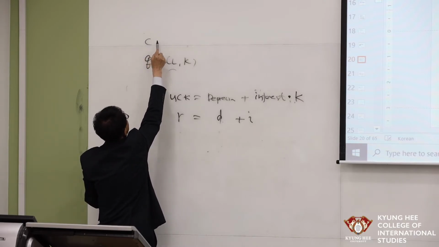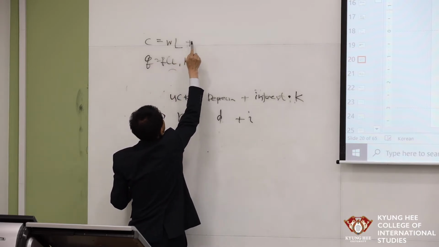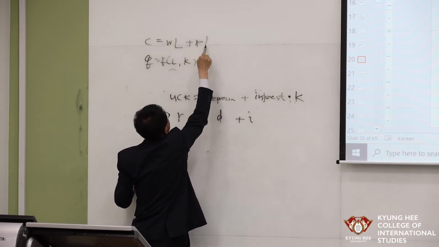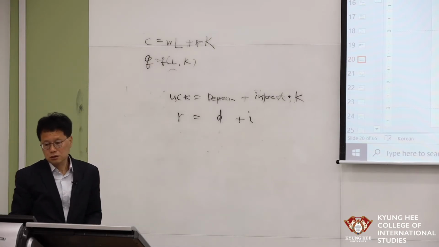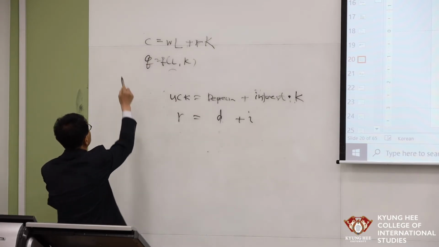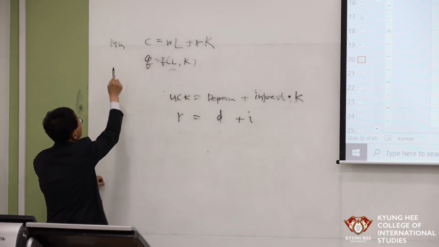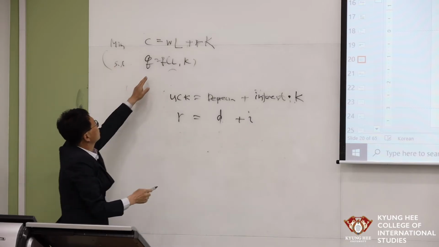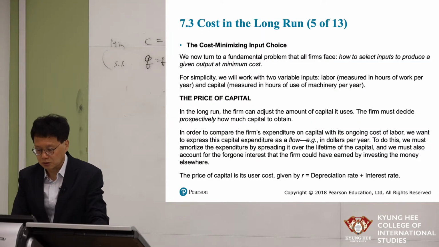Total cost is equal to labor cost plus capital cost, right? So cost minimization means minimization of total cost subject to Q equals some given output, right? That is the cost minimization problem.